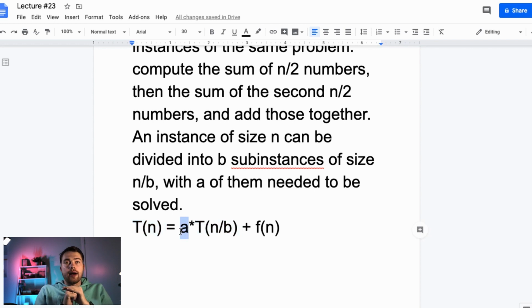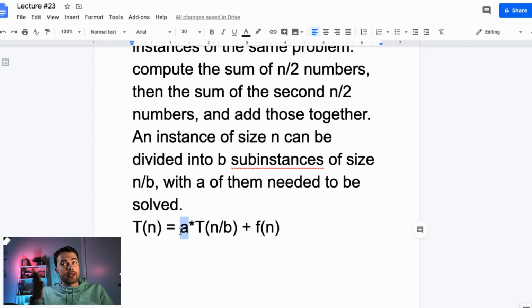For example, consider dividing the problem into two pieces when summing up numbers. We have 1,000 numbers, divide them into two parts, 500 on the left and 500 on the right, sum them up, and then sum the two numbers we're left with. In how many chunks do we divide the problem? Two, right?